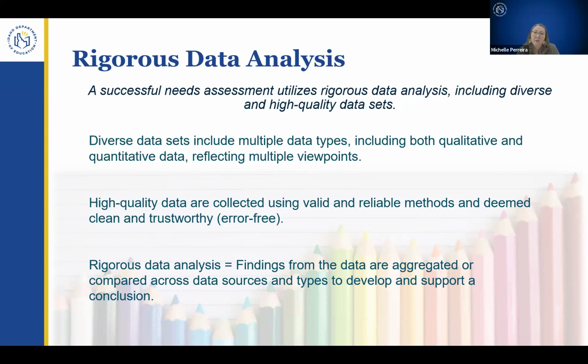And then you want to use high quality data that is considered valid and reliable in order to do that rigorous data analysis. So you're going to aggregate that and compare across those data sources to help you form a focus or a conclusion for your comprehensive needs assessment. And Patty has a great example for this.